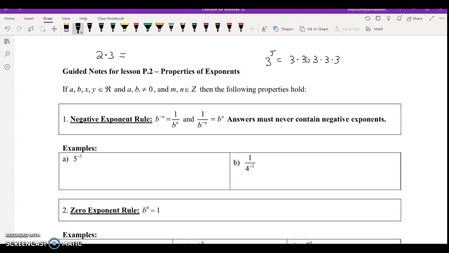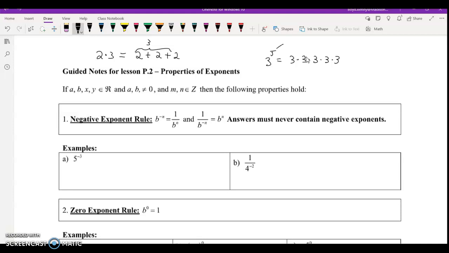What this stands for is that we have the 2 added together 3 times. So the difference between multiplication and exponents is that multiplication is the shortcut for notating repeated addition. Exponents is the repeated multiplication.